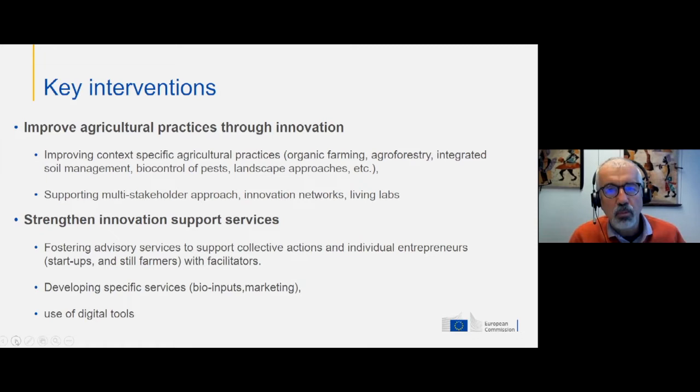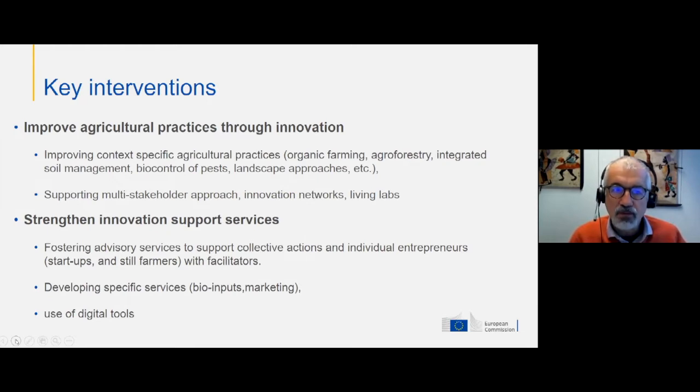But if you want to develop a project, a program in agroecology, the central element is to improve overall practices and propose innovation. So that means developing agroforestry, include fertility of the soils, deal with the pests, put in place organic farming, and so on.